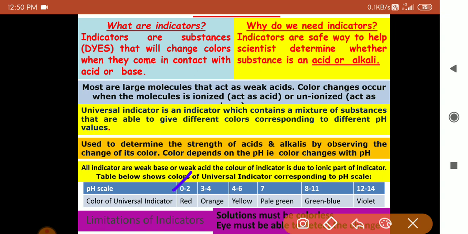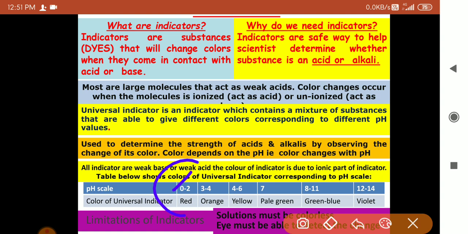When the pH is 8 to 11, the color is green to blue, bluish. At 12 to 14, the color will turn violet, dark blue, which is the basic or alkaline solution. This is the range of the color changes; you must know the ranges of the colors.